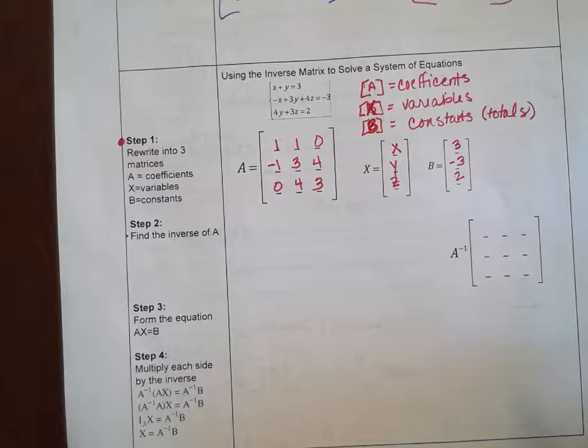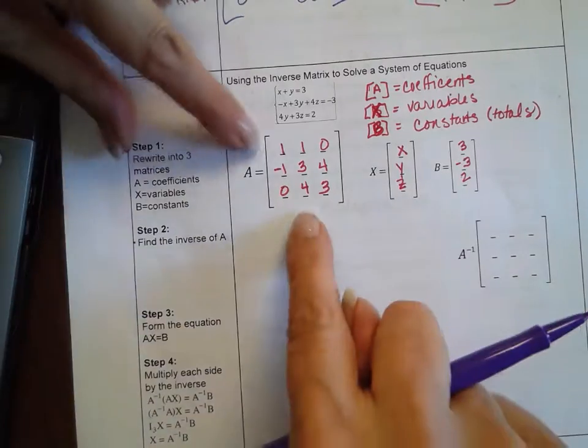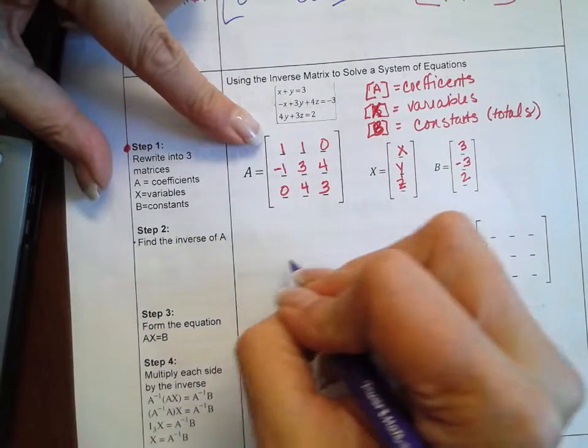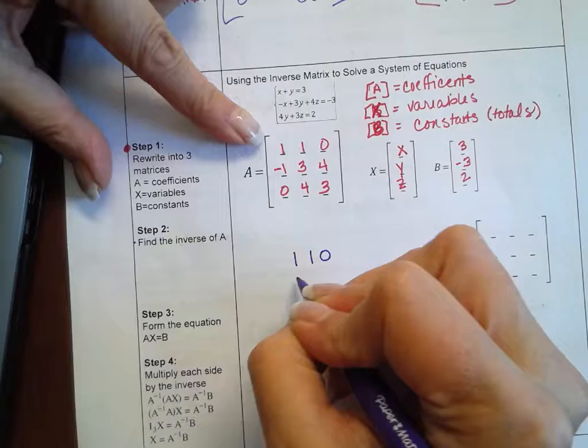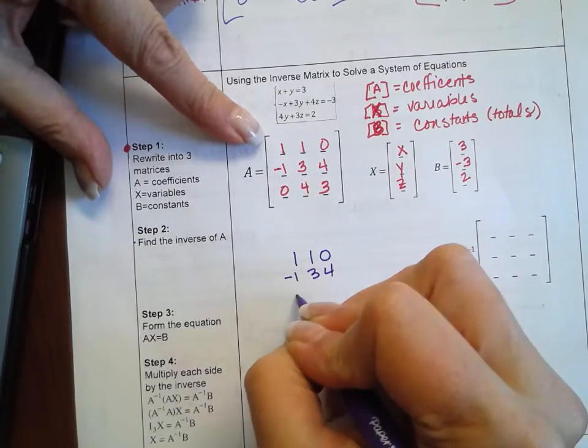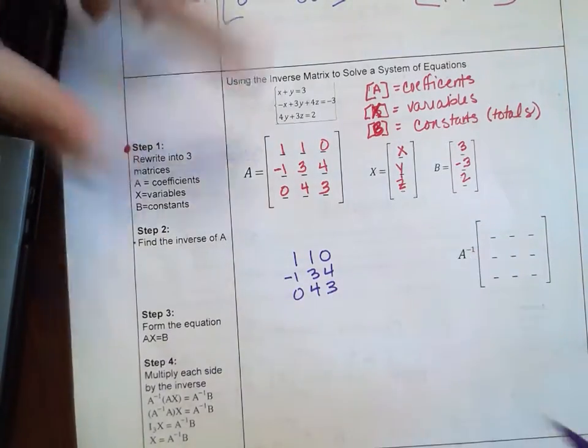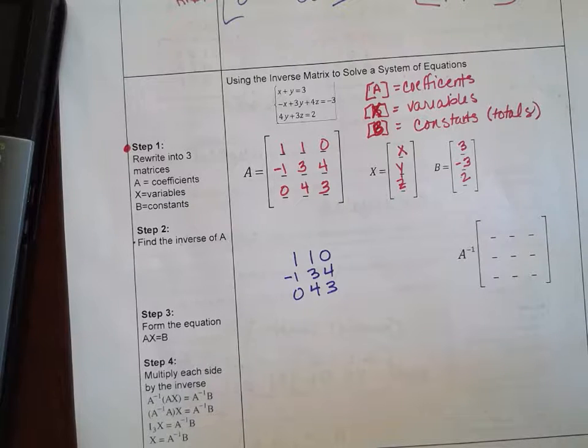How do we find the inverse? Calculator, but I have a 3 by 3, and so I'm going to have 4, 0, 4, 3. So that means I have to add to it my identity, sorry.